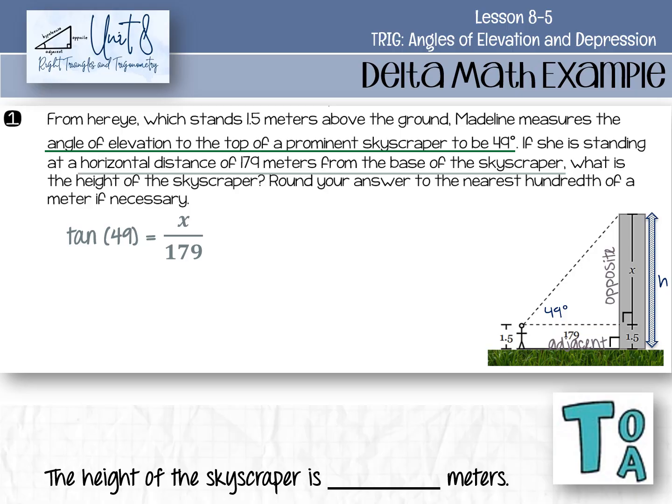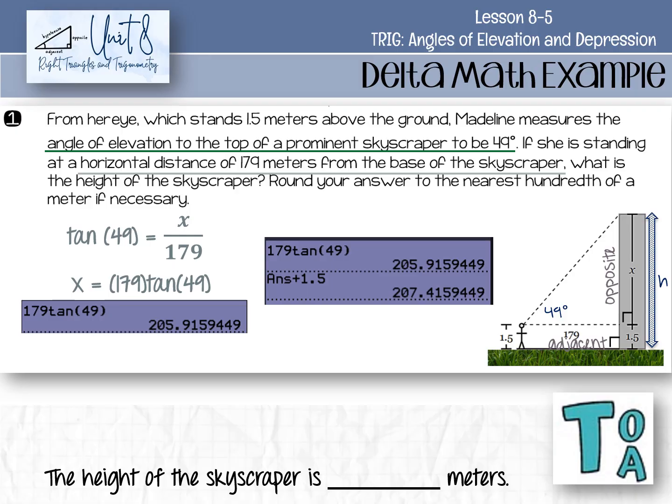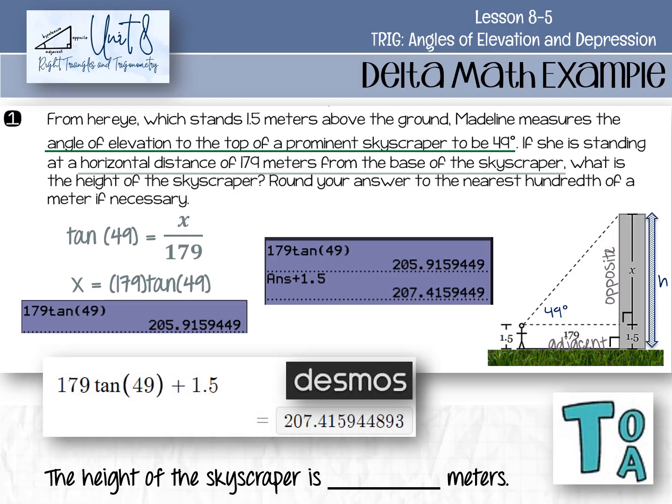Tangent 49 is X over 179, multiply both sides by 179. X is 179 times tangent 49, graphing calculator. Add the 1.5, or in Desmos, do the 179 tangent 49, and I just went straight to adding the 1.5 on, because that's how high her eye was.